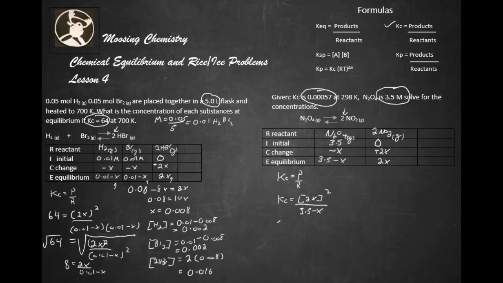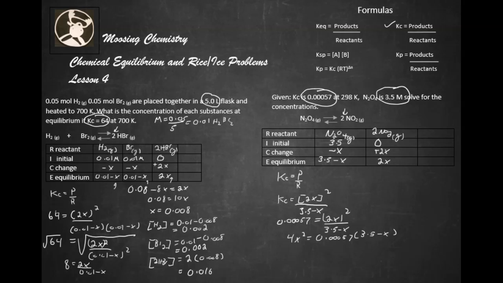So this is going to give me 0.00057 equals 2x squared over 3.5 minus x. This is going to give me 4x squared equals 0.00057 times 3.5 minus x.